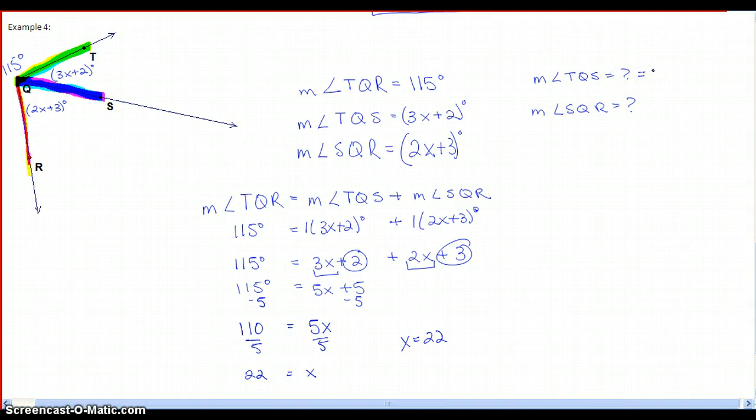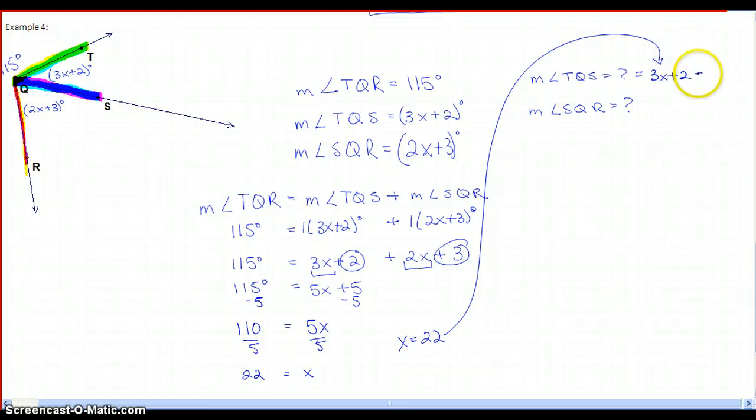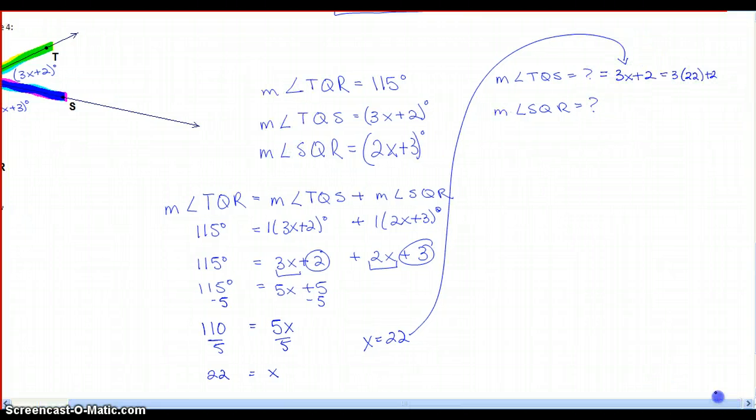So we're going to use our substitution property. We again know that this was 3x plus 2. So we're going to substitute in the 22. So 3 times 22 plus 2, I come up with 68 degrees. Do the same thing, I'm going to substitute in for x. So I have 2 times 22 plus 3. So 22 times 2 is 44, plus 3 is 47.